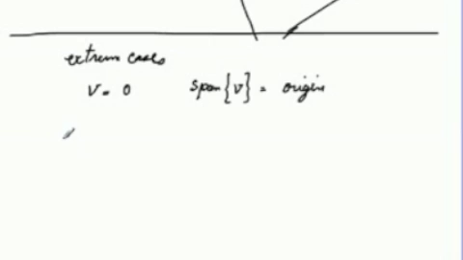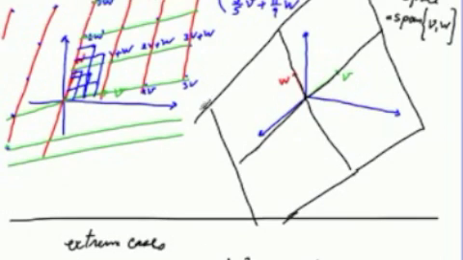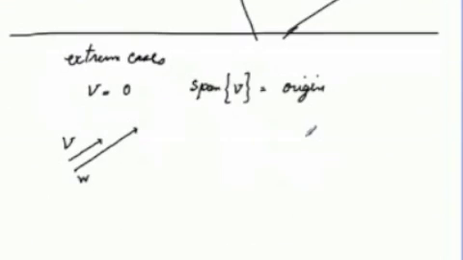Now, suppose I have the other extreme case, that I have a vector v like this, and my vector w turns out to be, say, double of v. Is the span of v and w, like here where I had a v and w and the span became the entire space, an entire plane? Let's consider this situation: this is my vector v, and accidentally my vector w happens to be a multiple of it.